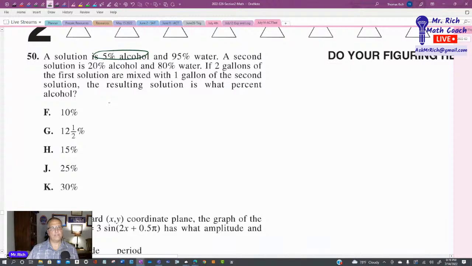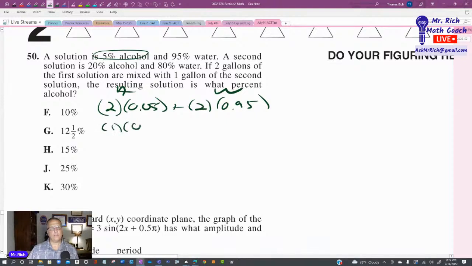So that means I'm going to go 2 gallons times 0.05 plus 2 gallons times 0.95. So this is my alcohol. This is the water. And this is going to then be, on the next solution, 1 gallon times 0.2 alcohol plus the 1 gallon times 0.80.